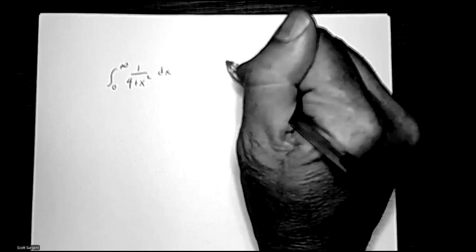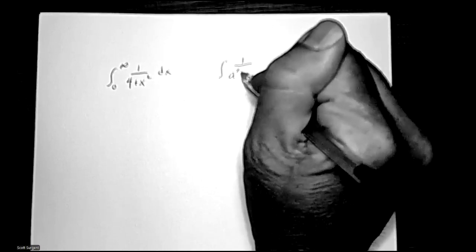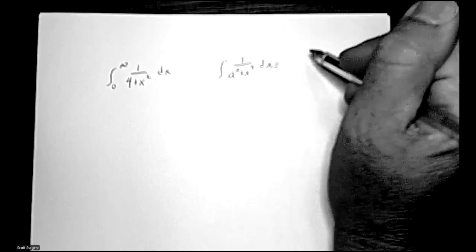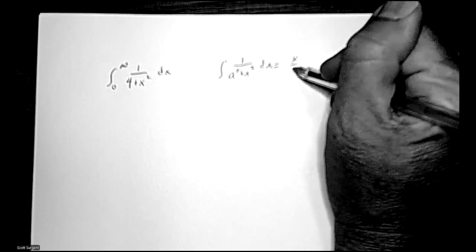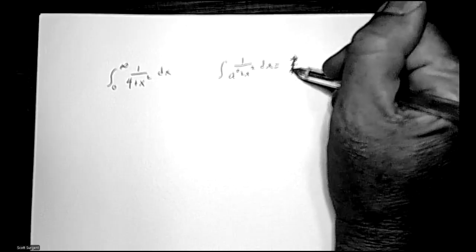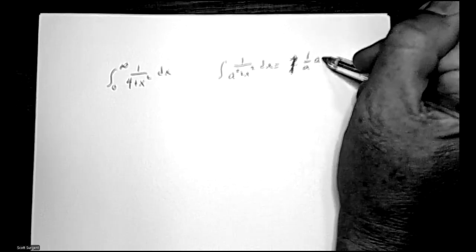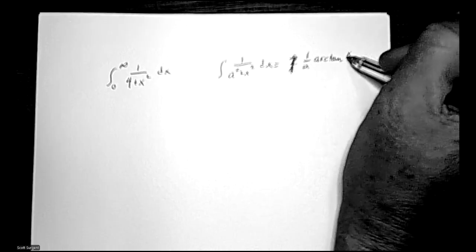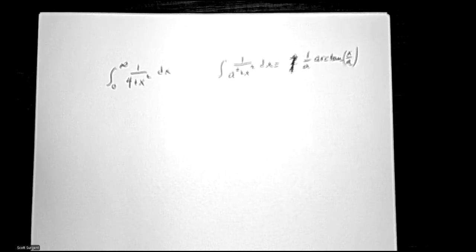Well, you know what? Yeah, you do have to memorize this one. The general form for the integral of 1 over a squared plus x squared dx is, let me write it again, 1 over a arctan of x over a. That's the general form.